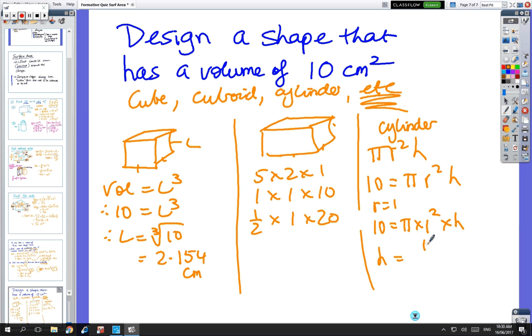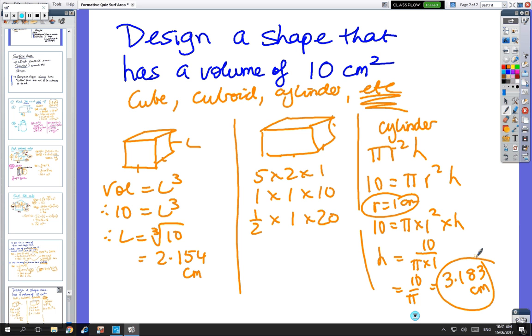So height equals 10 over pi times 1, which is just 10 over pi. So the height would be 3.183 centimetres. So the radius is 1 centimetre and the height is that, and you've got your volume of 10. So you can freewheel and work out what sort of complicated shape you want to do.